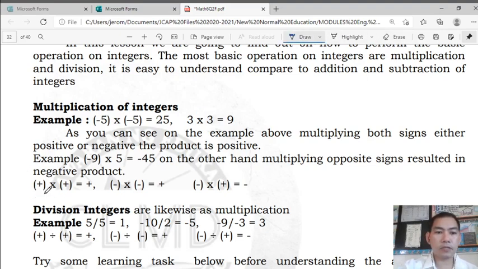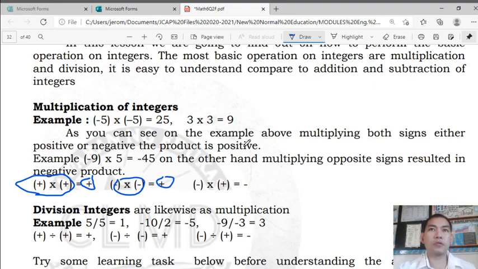Okay. So if you're going to multiply or divide a positive to a positive number, the answer is positive. So if that is 1 times 3, that is positive 3. Then negative times negative, the answer is also positive. So negative 1 times negative 1 is positive also.